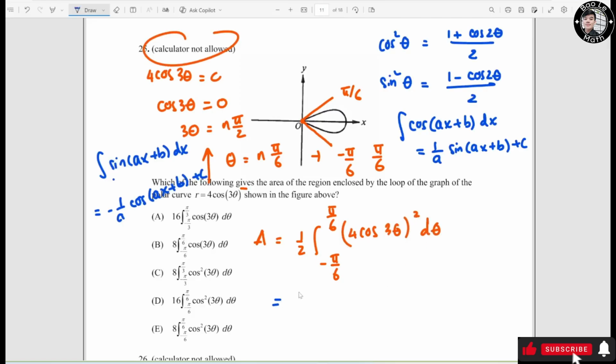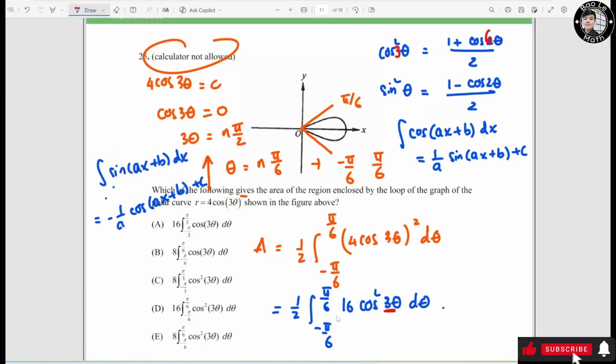Alright, this could be 1/2 the integral from negative pi over 6 to pi over 6 of 16 cosine square 3 theta d theta. Now 16 divided by 2 is going to be 8, right? So we have 8 times the integral from negative pi over 6 to pi over 6 of cosine square 3 theta d theta. The answer must be E.